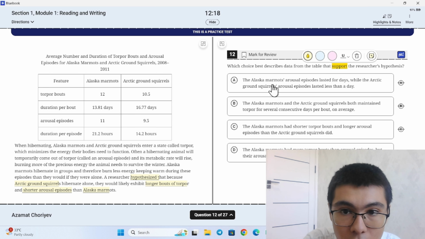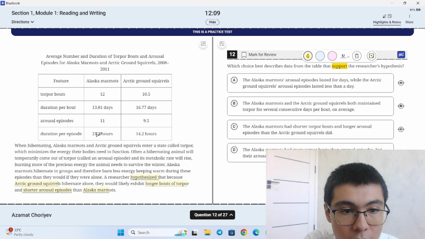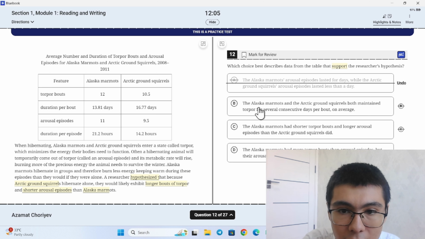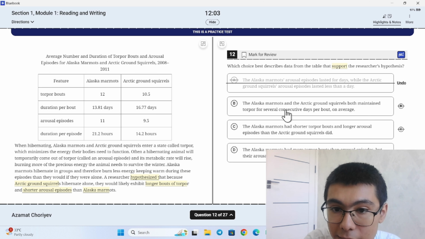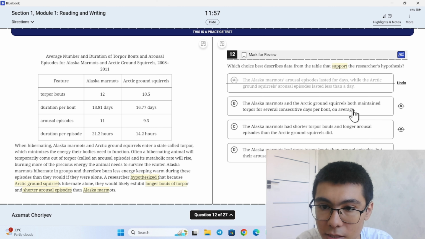Alaska marmots' arousal episodes lasted for days. No, it's like 21 hours, not days, right? So A is wrong. Alaska marmots and ground squirrels both maintained it. No, this is maintained for several days.